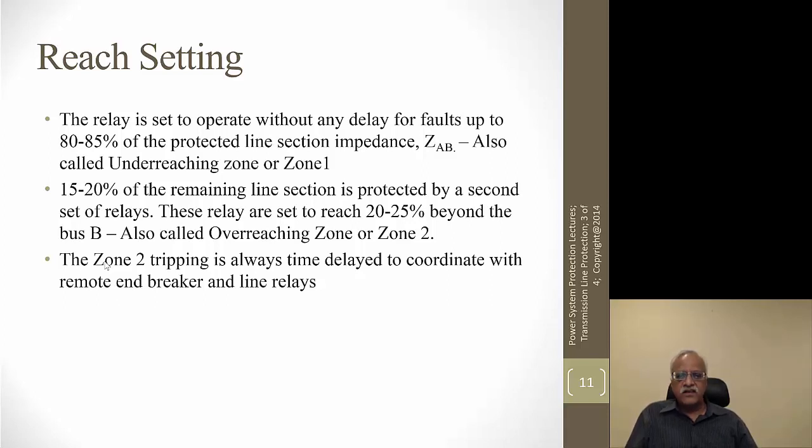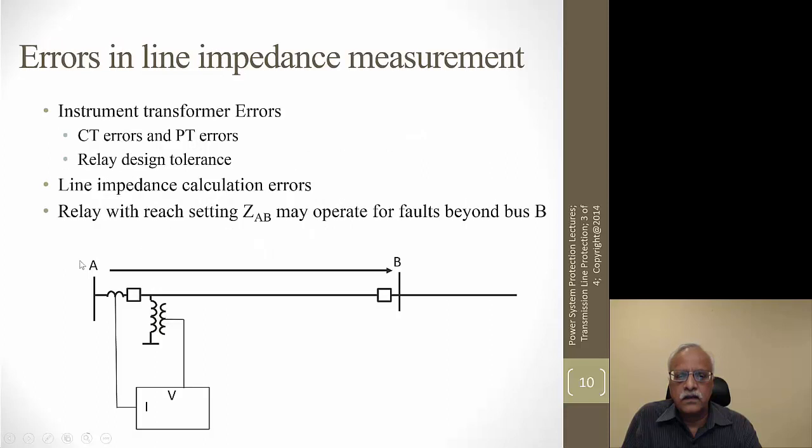And secondly, you have CT and PT errors. That also produces errors, you have accuracies, C800. I covered CT accuracies and PT accuracies in instrument transformers, so we have to account for that.